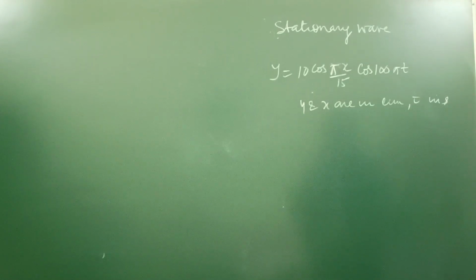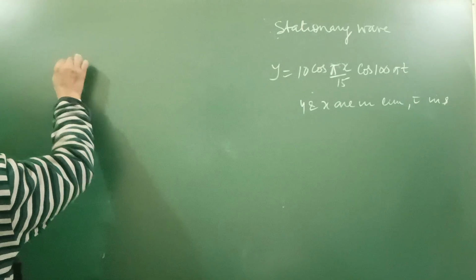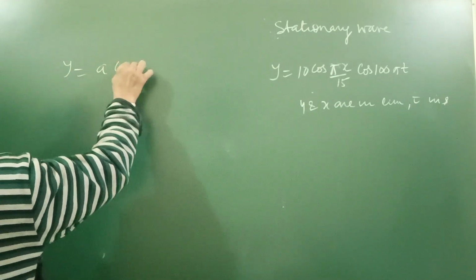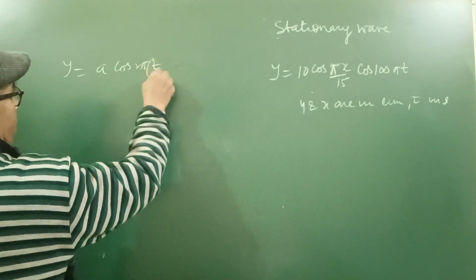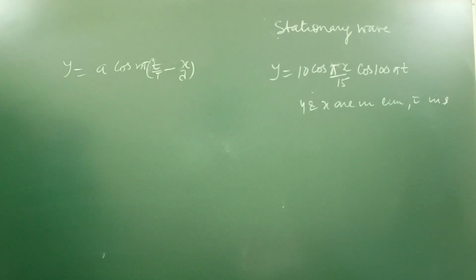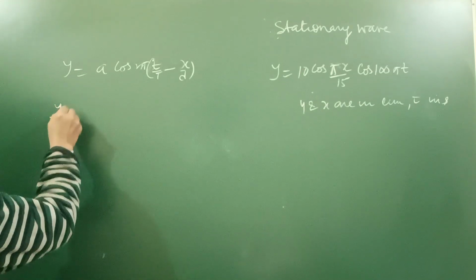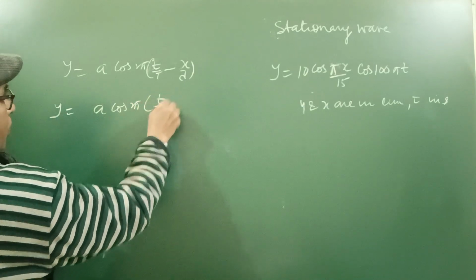In my video I have told you when this equation comes. If I take the initial wave as the wave traveling in positive direction, y equal to a cos 2 pi (t upon T minus x upon lambda), and this wave is reflected from a free boundary, there is no change of phase, then the reflected wave will be a cos 2 pi (t upon T plus x upon lambda).